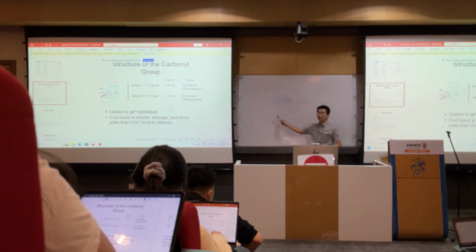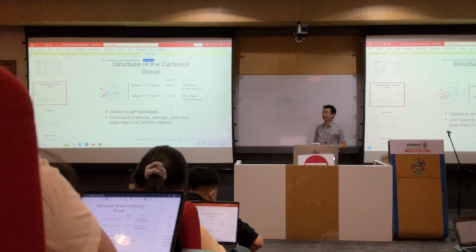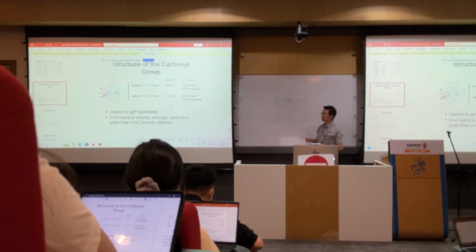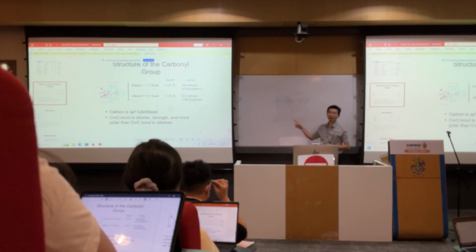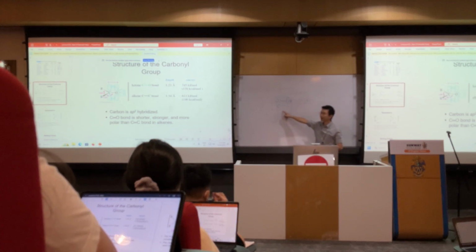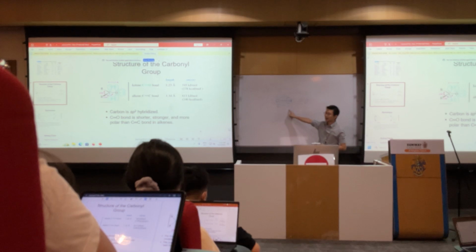So carbon, by definition according to the standard, will not give you any hydrogen bond because the polarity between the carbon and hydrogen is very small. So it cannot form hydrogen bond even though the carbon is attached to hydrogen.